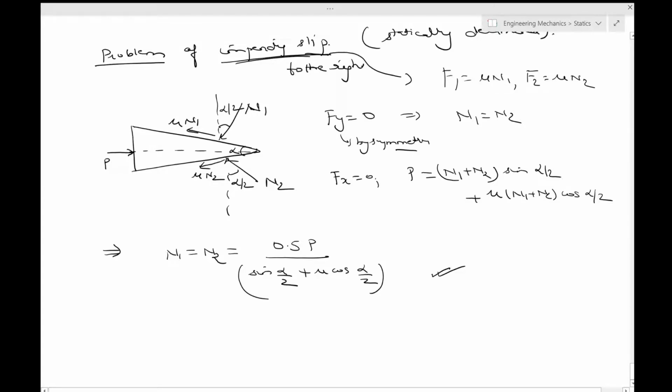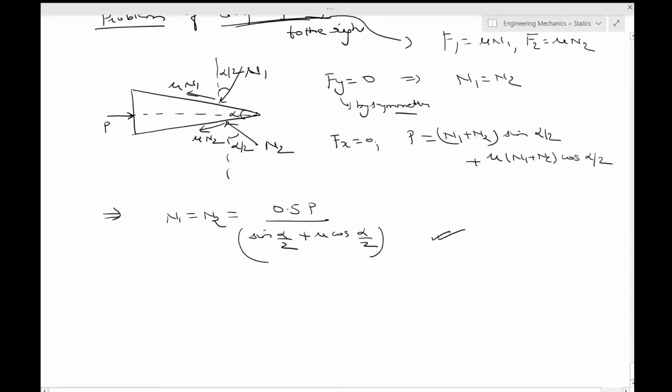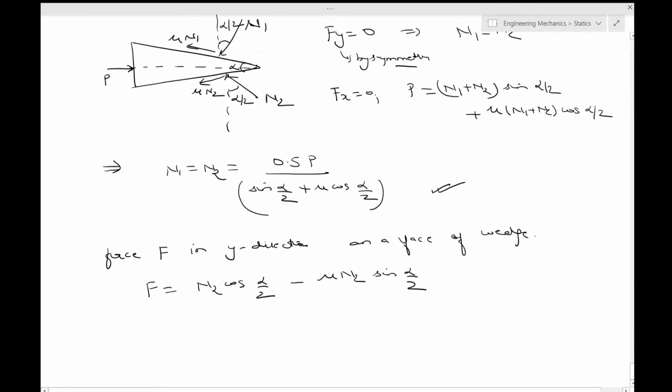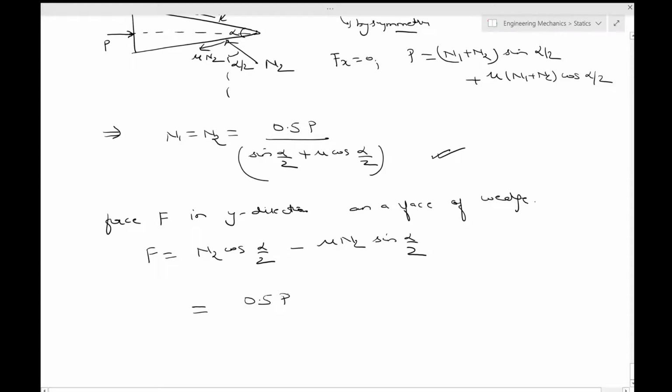So if you want to say the force F in the y direction on a face of a wedge, F is equal to N2 cos alpha by 2 minus mu N2 sin alpha by 2, which gives (1 minus mu tan alpha by 2) over (tan alpha by 2 plus mu).